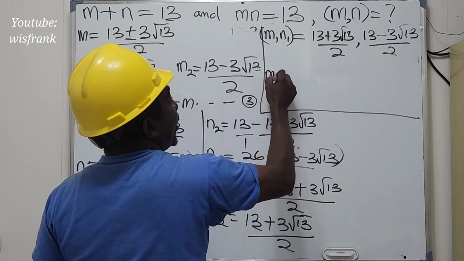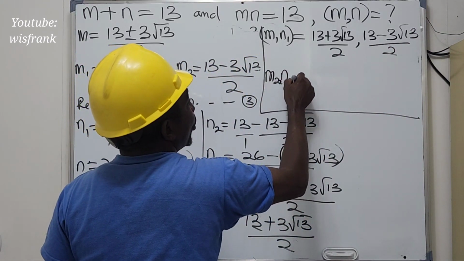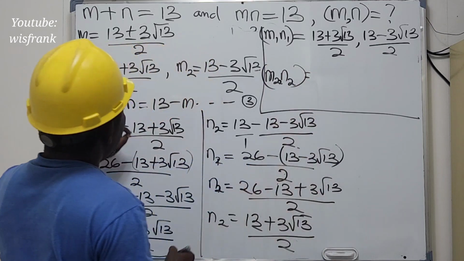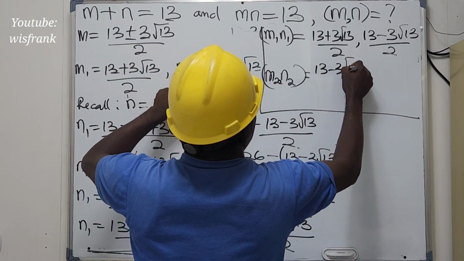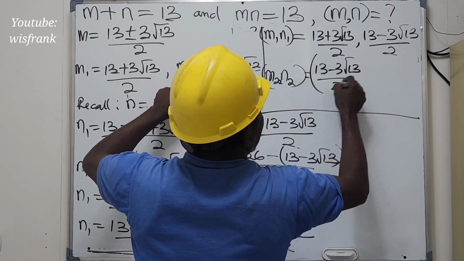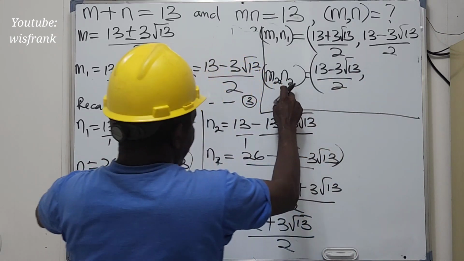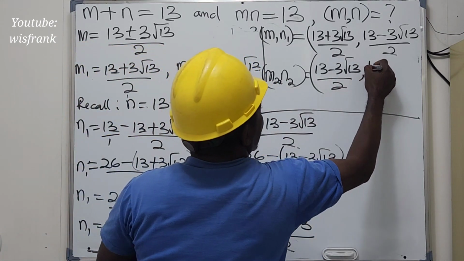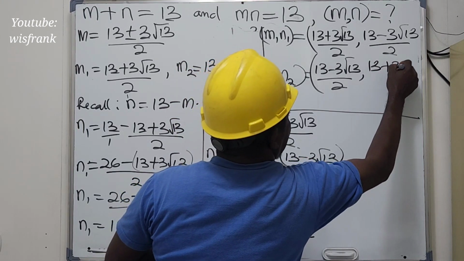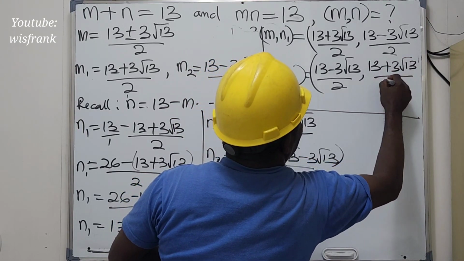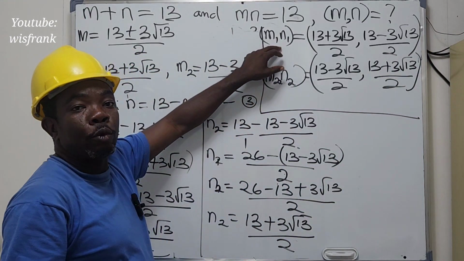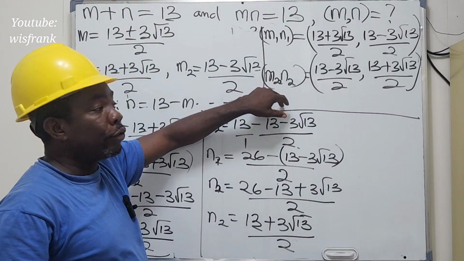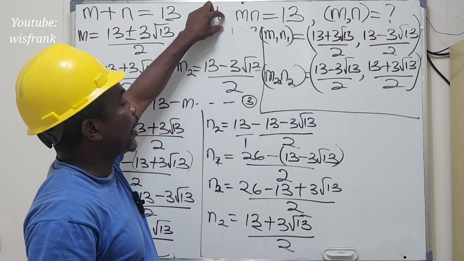Then for the values of m2, n2, our m2 is (13 minus 3 root 13) all over 2, and our n2 is (13 plus 3 root 13) all over 2. So these are the values of m1, n1, and m2, n2 that we have, and they satisfy this expression.